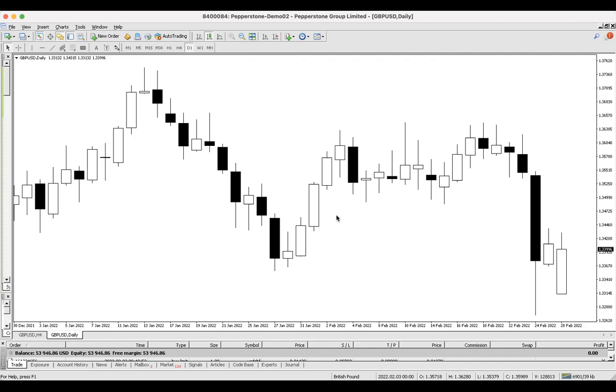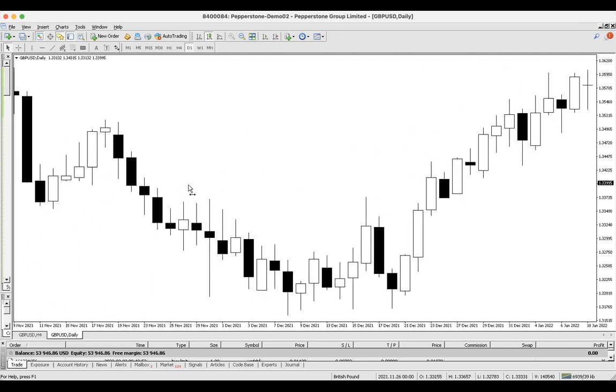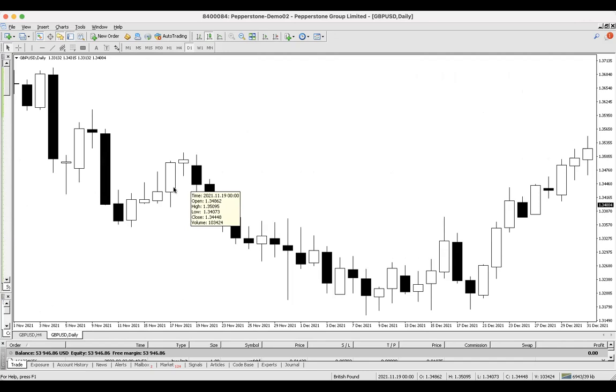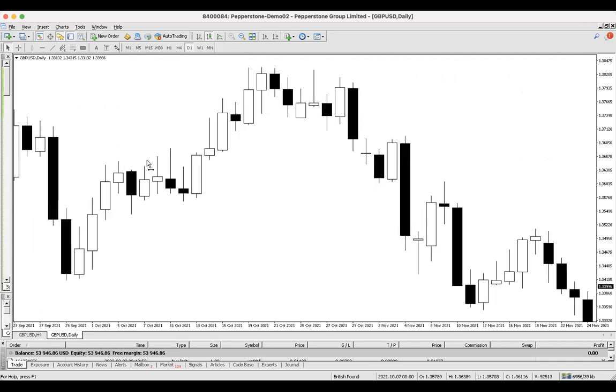Let me look for the exact candle so that you can see something.